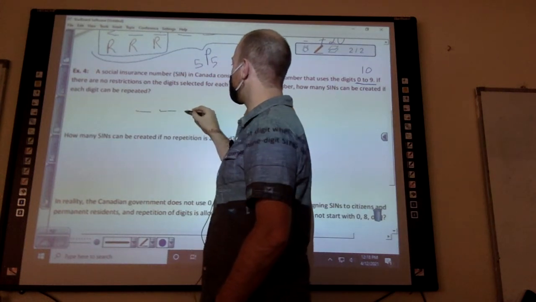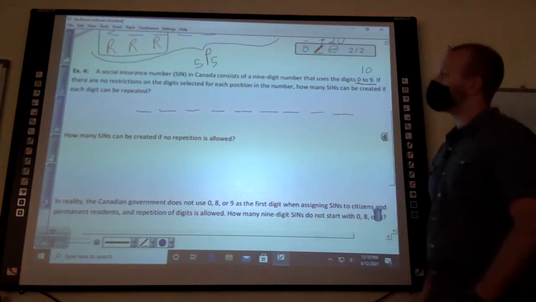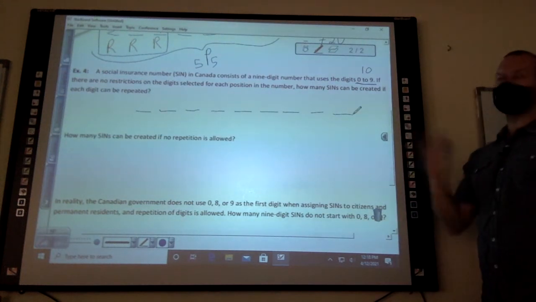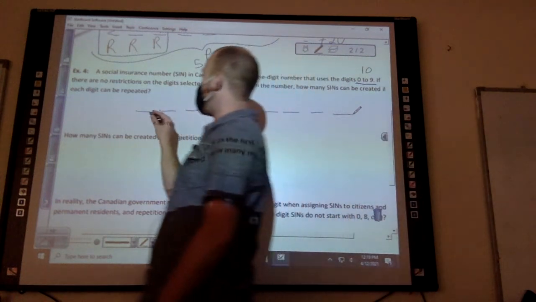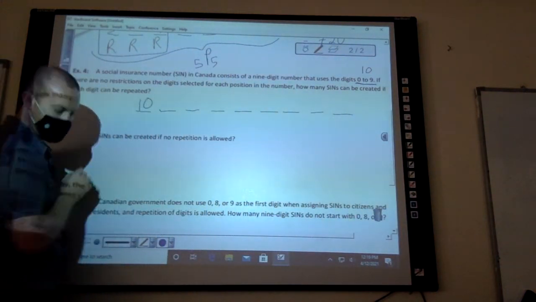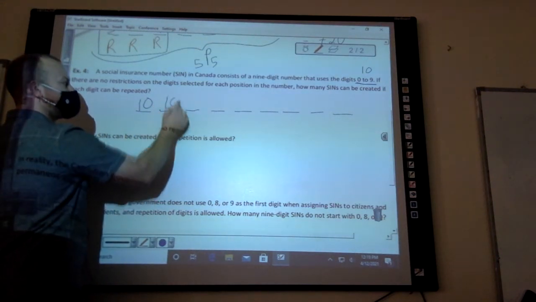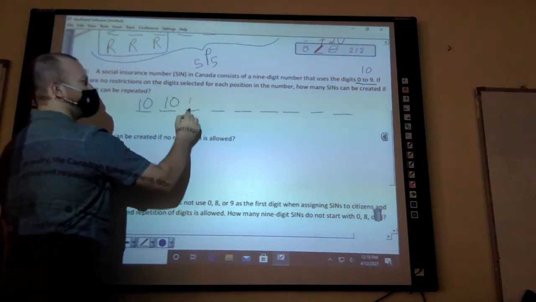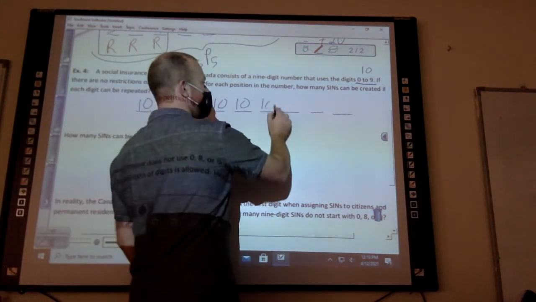So 1, 2, 3, 4, 5, 6, 7, 8, 9. If there's no restrictions, my first number can be any number from 0 to 9, so I've got 10 options here. My second number, there's no restrictions, so this is 10. I can put any number in here. So these can all be 10.